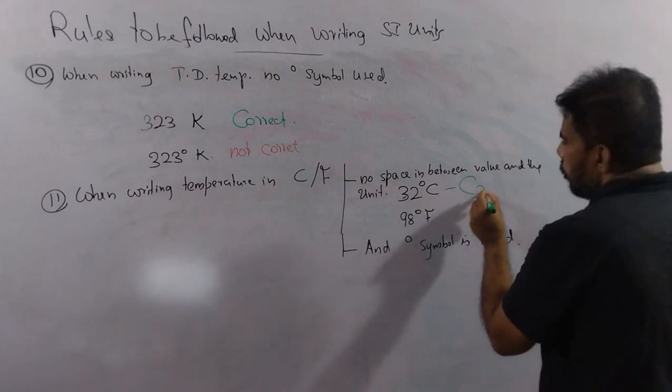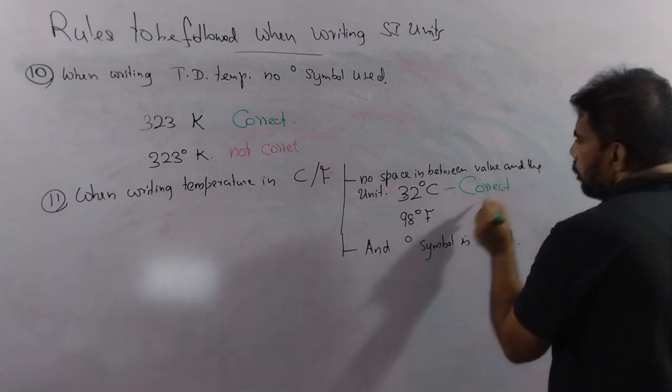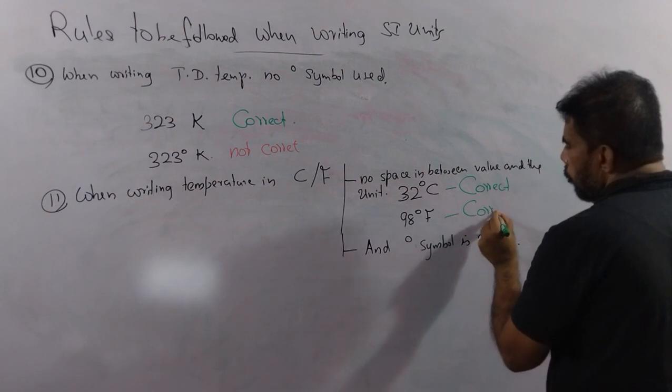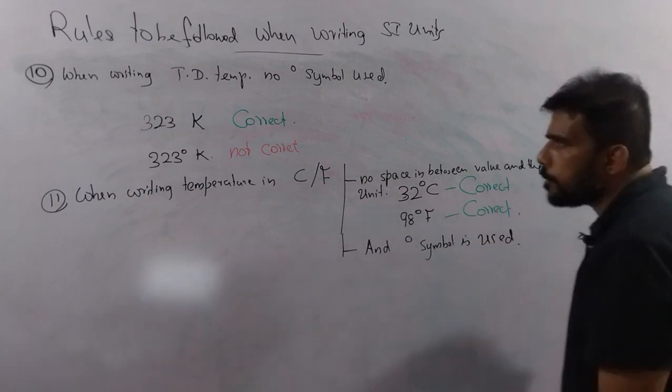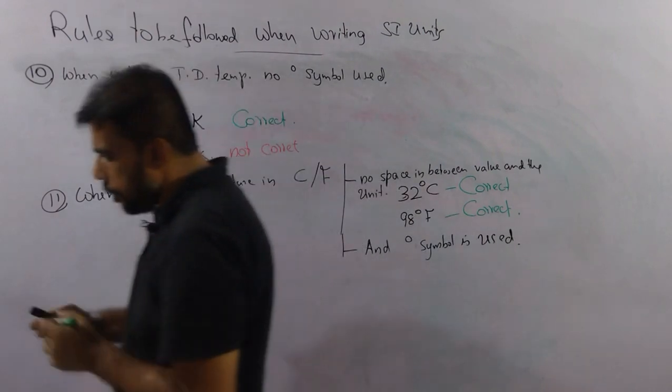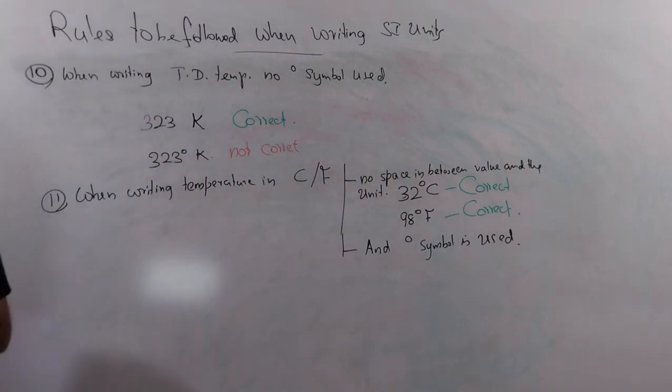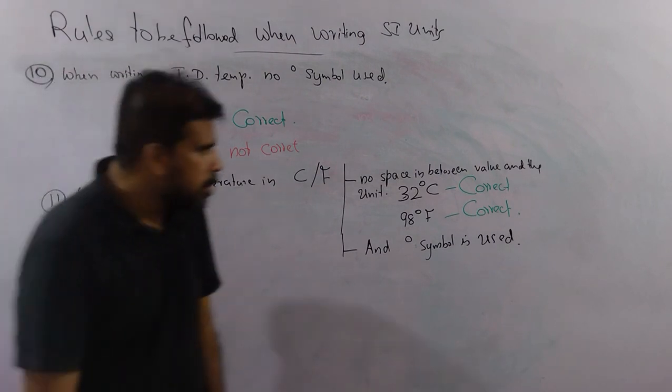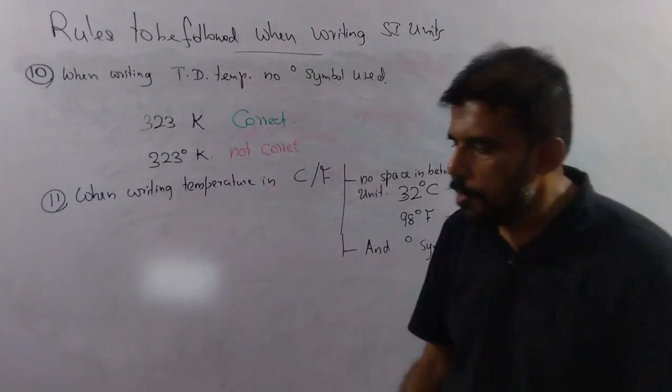In both cases you have to follow this method: we have to represent the degree symbol as well as Fahrenheit and Celsius, the degree and the unit, without a space.